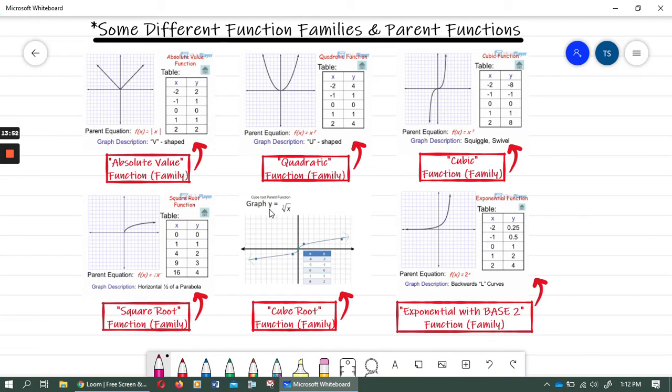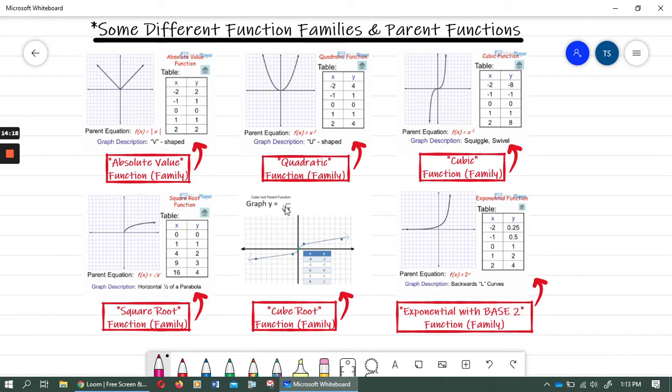Again, guys, the cube root function family, you can see the parent function here, which they've written as y equals. We know that it could say f of x equals the cube root of x, right? So y equals, or f of x equals, the cube root of x. Remember, guys, that this cube root is a part of all your radical types of things. This one has an index of 3.